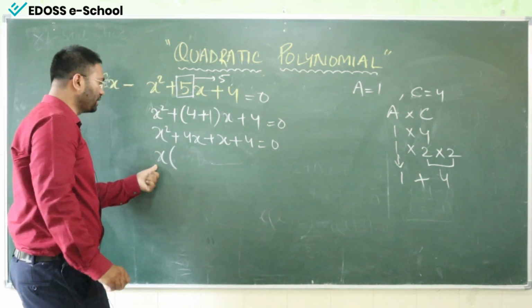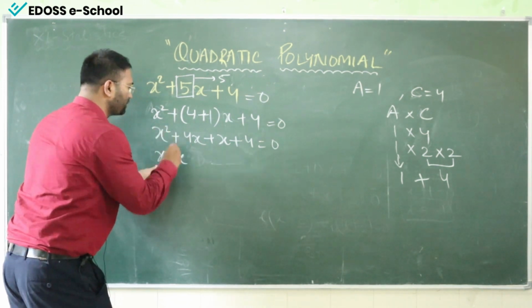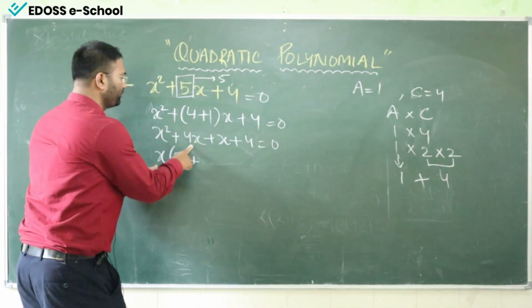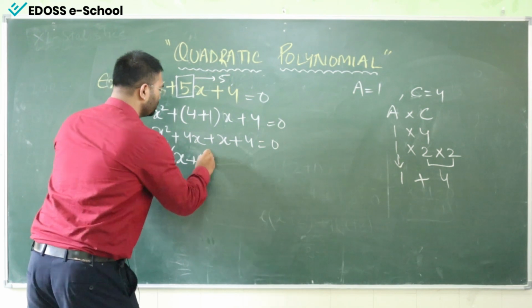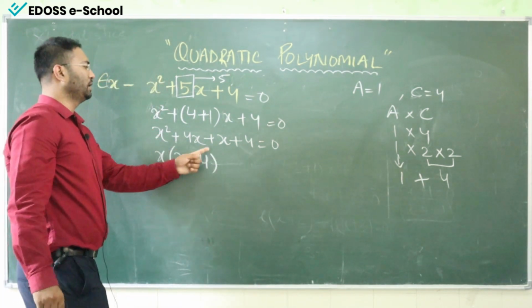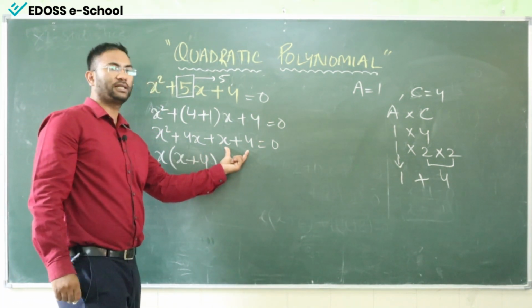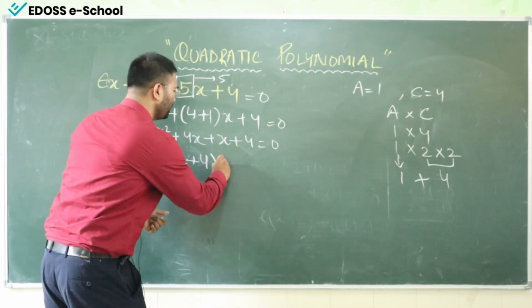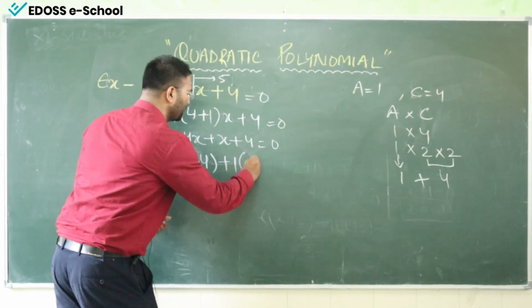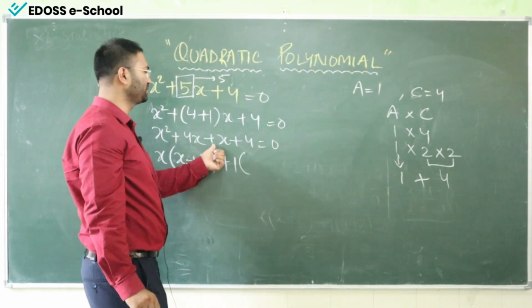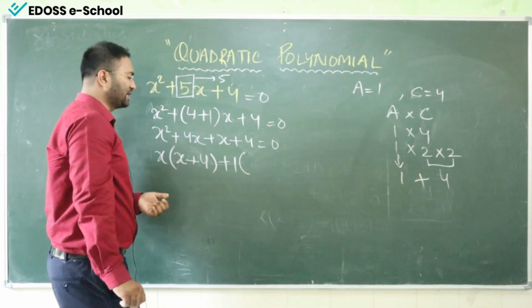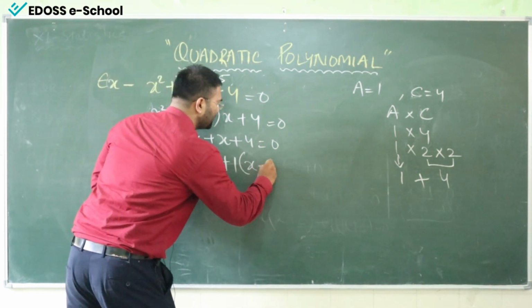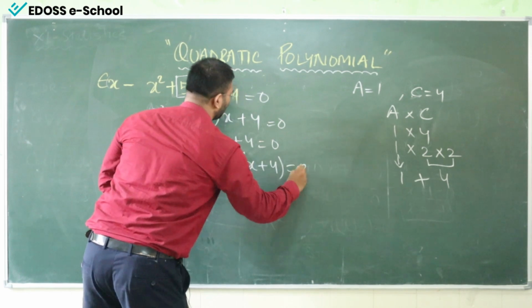One x being extracted, another x will be there, and out of this the x being extracted, we will get a 4. Understood? Now out of these, there is no such common factor. We will go with plus 1 as a common factor, because both of them have a plus sign. We will get the same thing inside because nothing else is common.